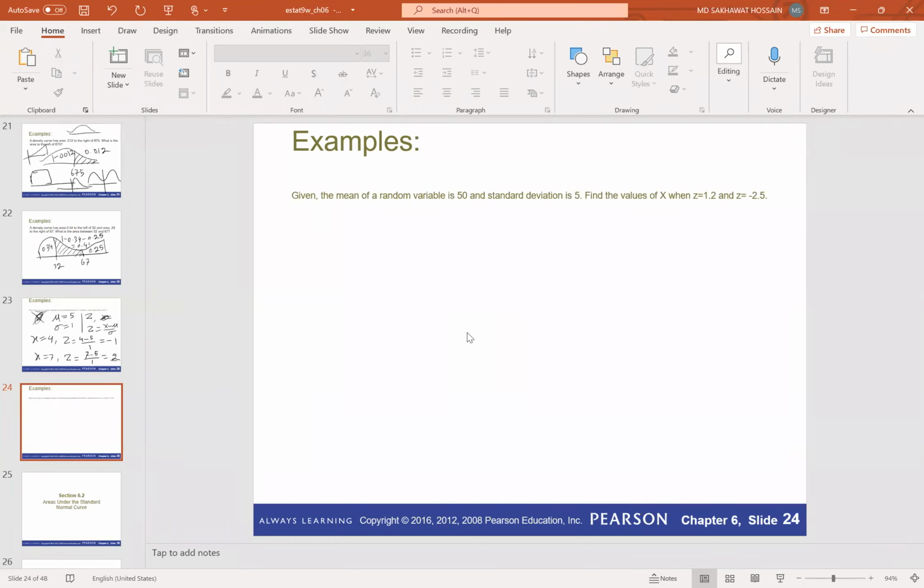Okay, we have one more example from this section, and this is the last example for this section. Given the mean of a random variable is 50, so mu is 50. Then the standard deviation is 5, sigma is 5.